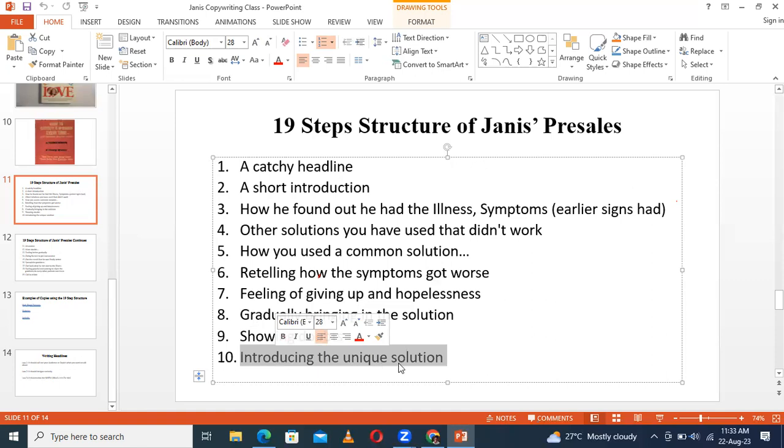So this solution is an Indian-based method that's helped a lot of Indians over the years. Okay, let me put it like this.